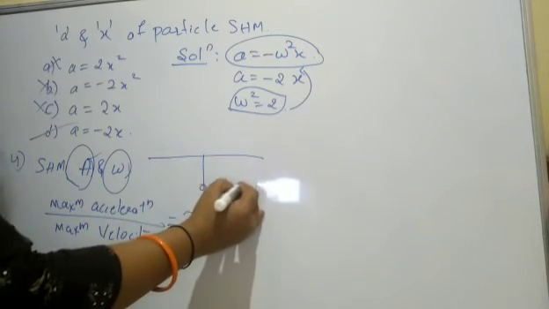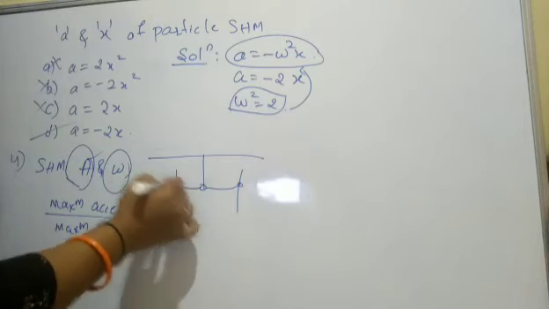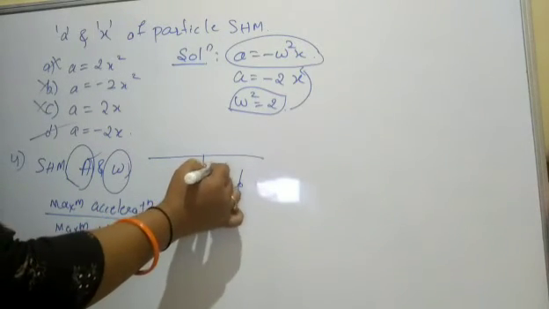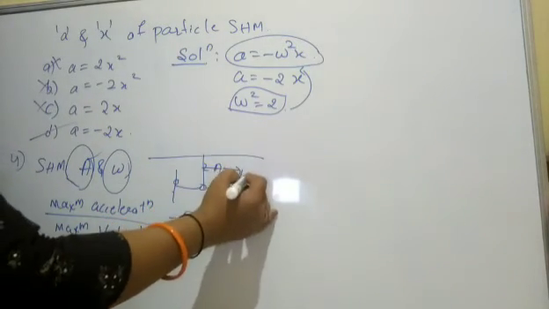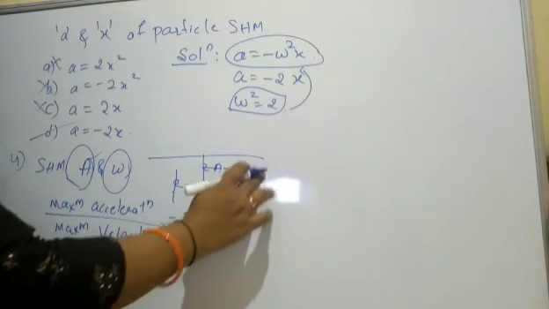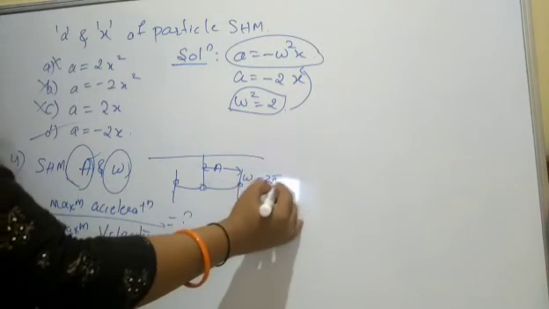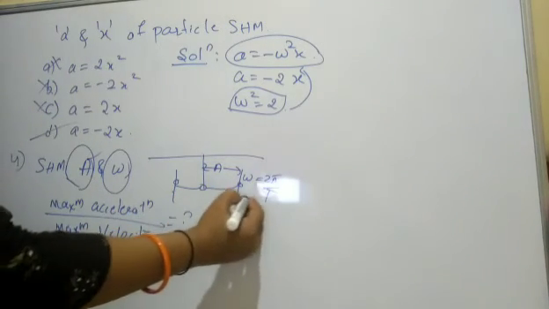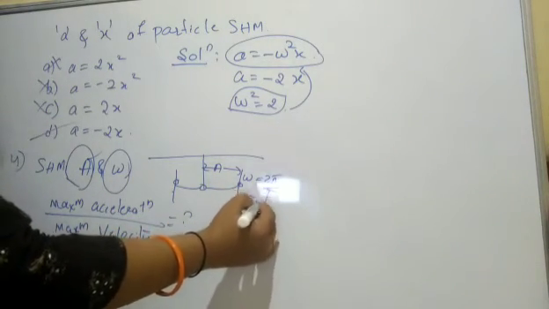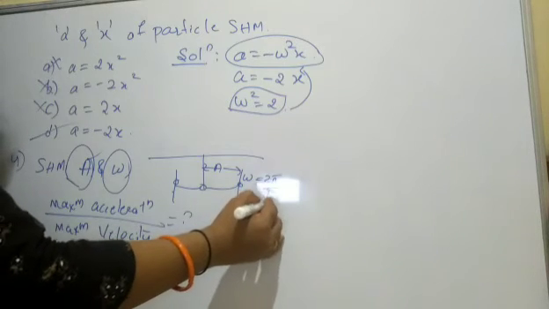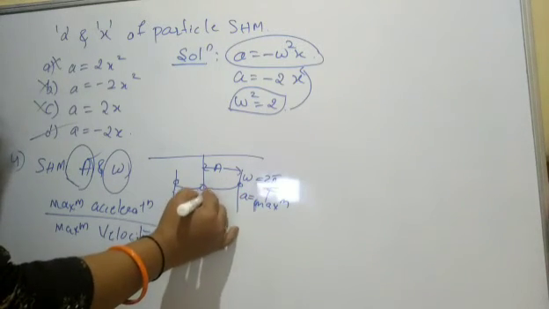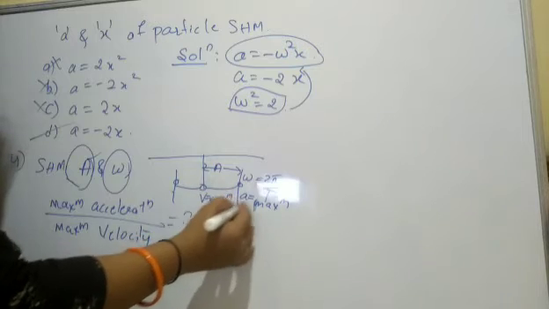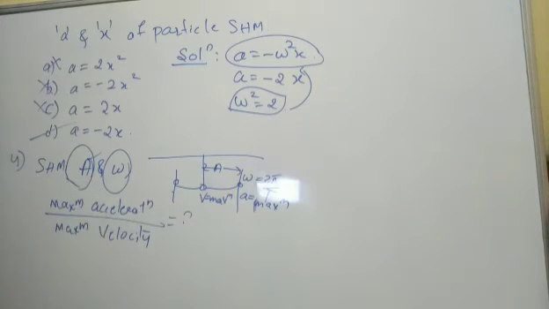Executing simple harmonic motion with the amplitude here and omega angular frequency that is 2 pi by T. Having this, acceleration will be maximum at the extreme position. Velocity will be maximum at the mean position. So the ratio of acceleration and velocity for that particle we need to find out here.